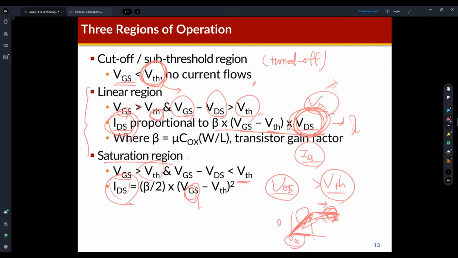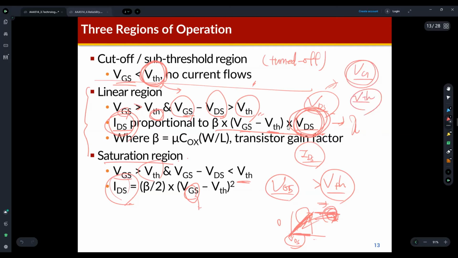Okay, so as a digital designer, we just focus on the VG and threshold voltage. If the VG, the gate voltage level, is less than the threshold voltage, then this transistor is turned off, so it's closed.